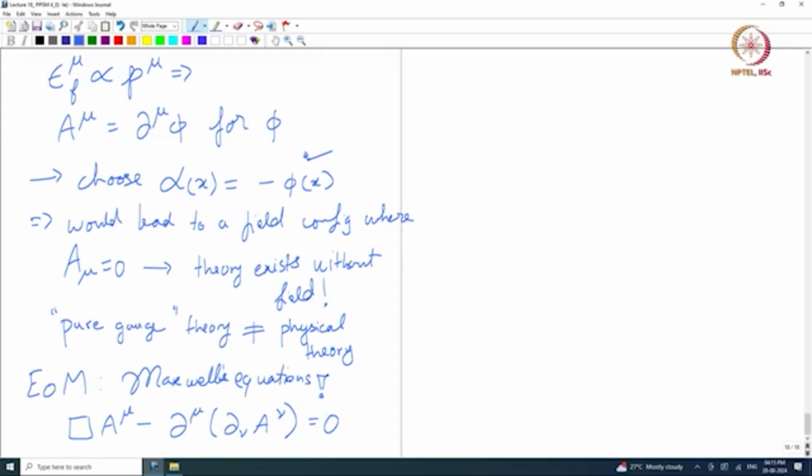Now it is a bit instructive to expand this in terms of the components, and I can now write this down as two different equations.